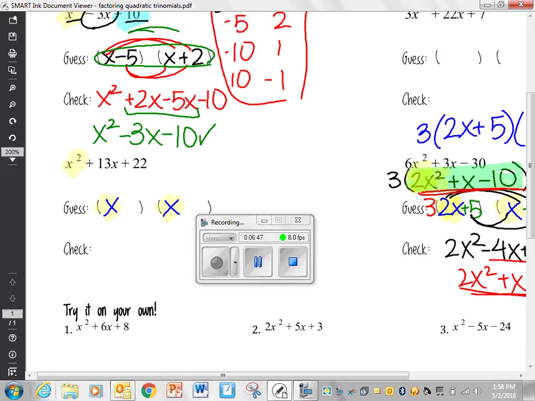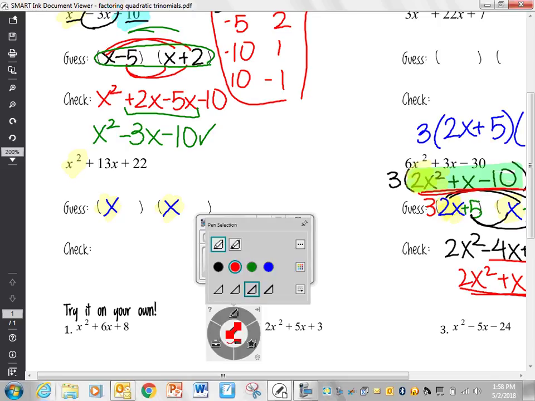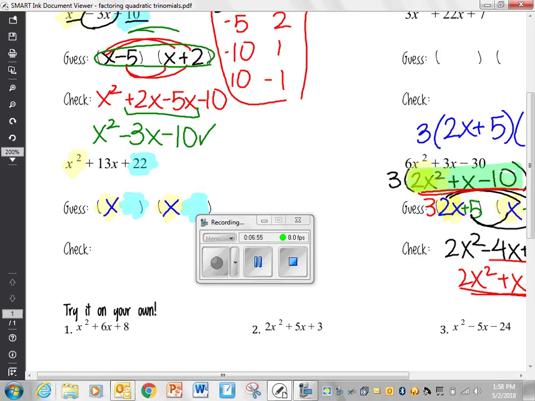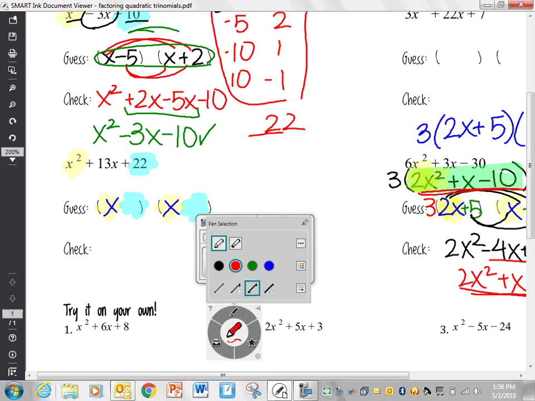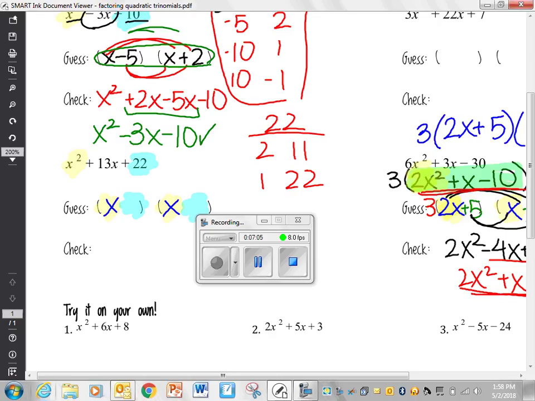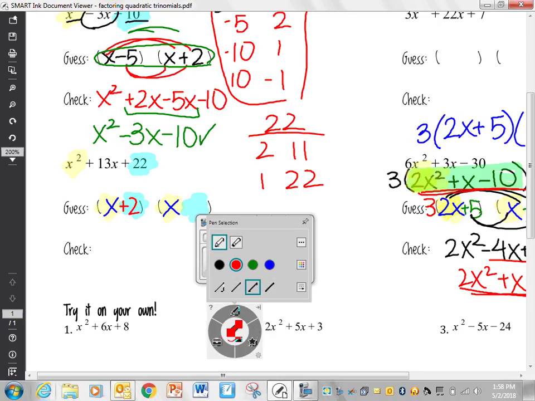Then you need what two things are going to multiply to give you 22. So there's not too many things that multiply to 22. We have 2 and 11, and we have 1 and 22. So you're just going to try guessing these numbers. So I'll just try with 2 and 11.